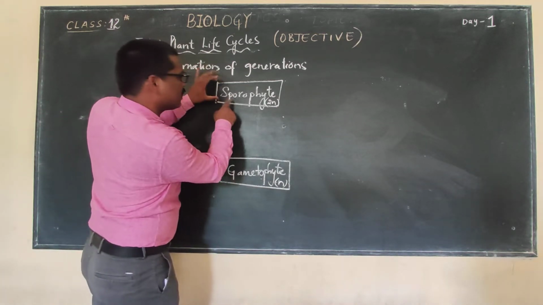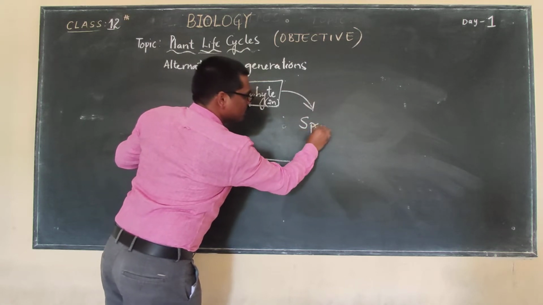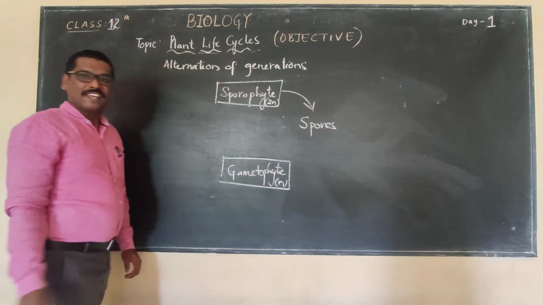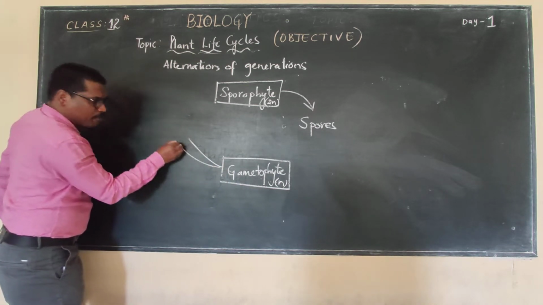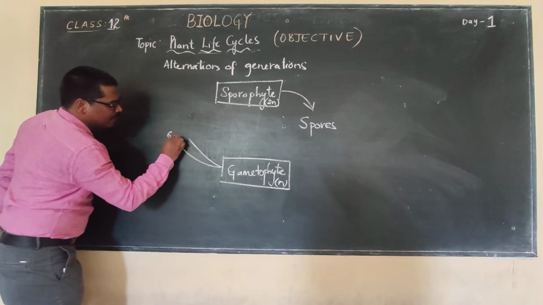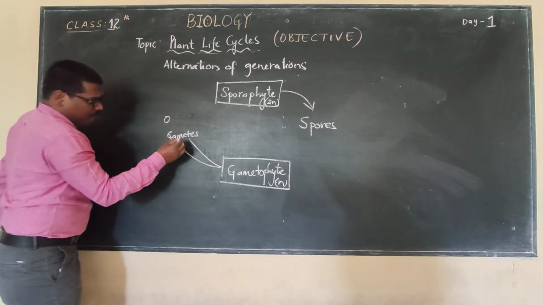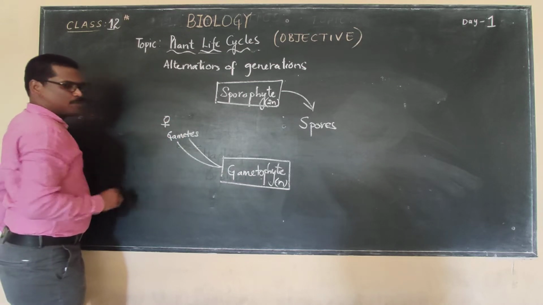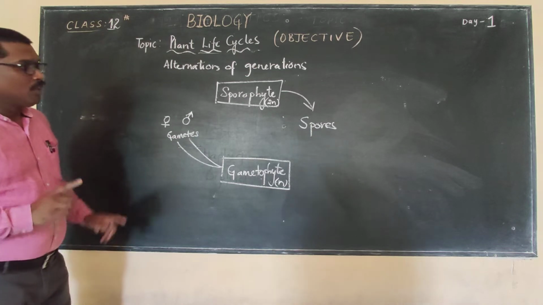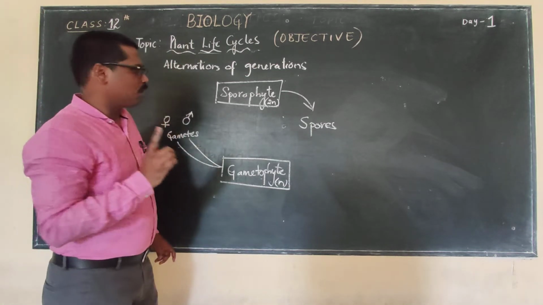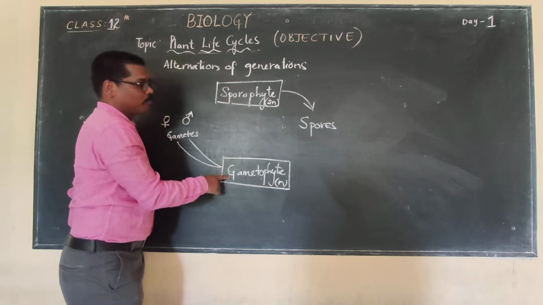Always remember, the sporophyte produces the spores, and the gametophyte undergoes gametogenesis and produces the gametes. Those gametes are female gametes and male gametes. So sporophyte is diploid, whereas gametophyte is haploid.